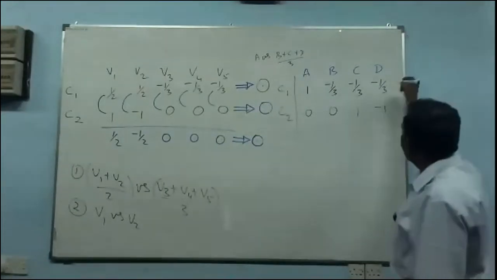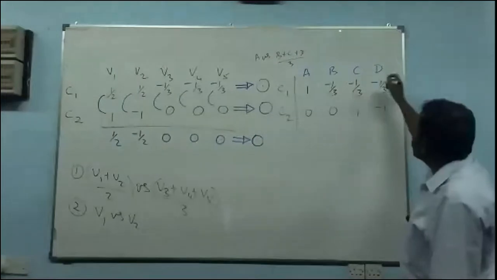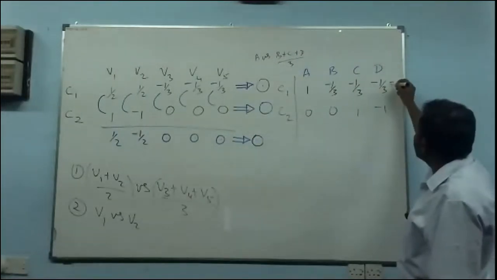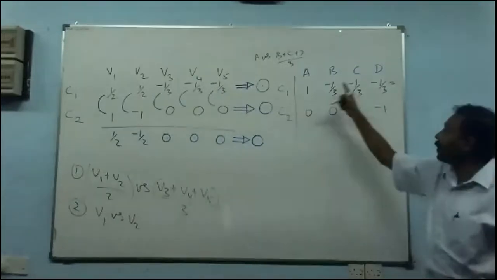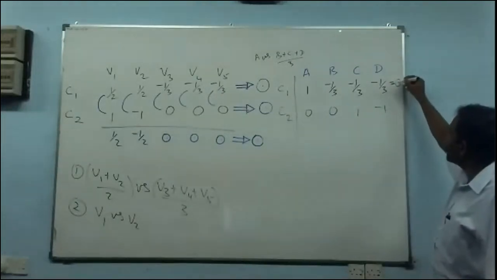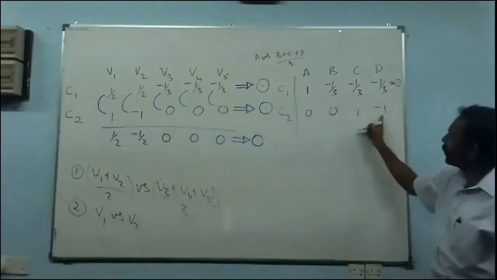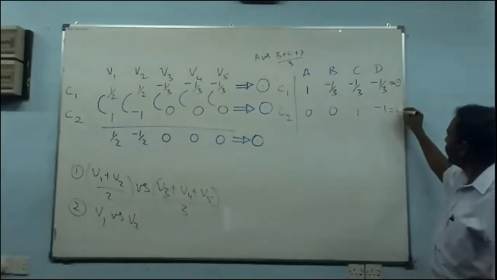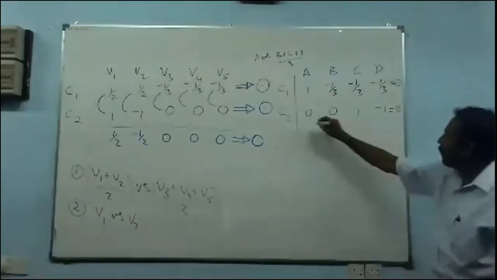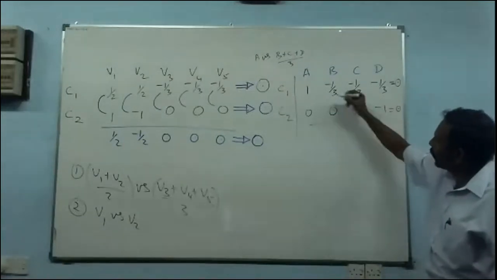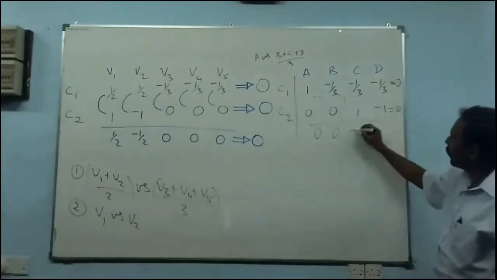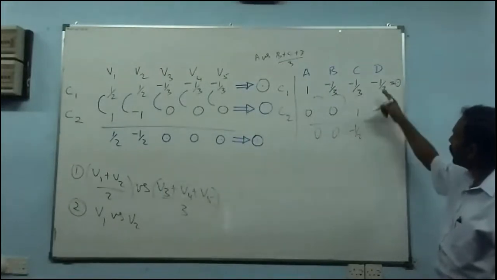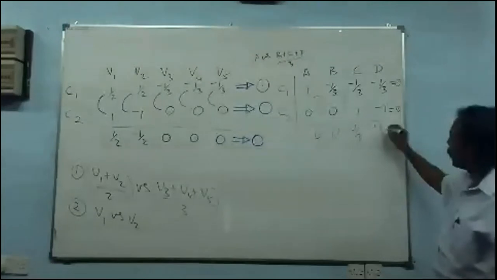Right, now what is the addition of coefficients here? This plus, this plus, this plus, this. The addition is 0. What is the addition of coefficients here? That is also 0. What is the multiplication of coefficients? These are 0, 0, no problem. What about this? 1 over minus 1/3, this is plus 1/3.